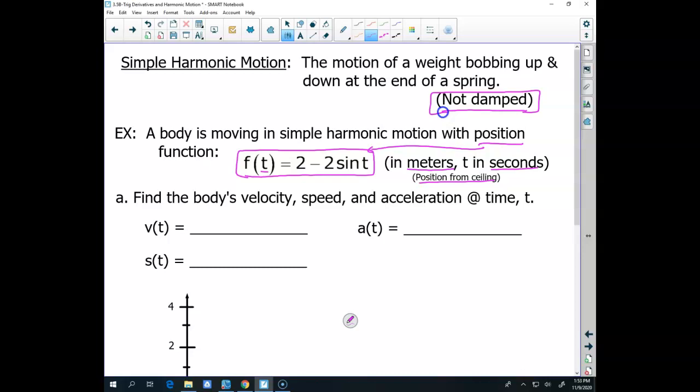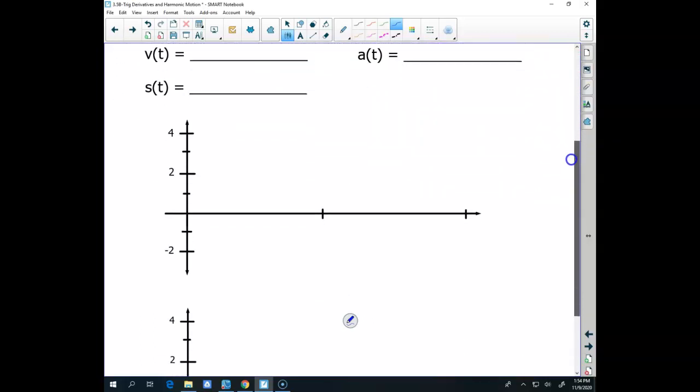Personally, I need to think about this as backwards logic, okay? Because when I'm thinking of this, if my spring is moving down, here's my ceiling. So I have this thing coming down on a spring, and I have this little weight on the spring.